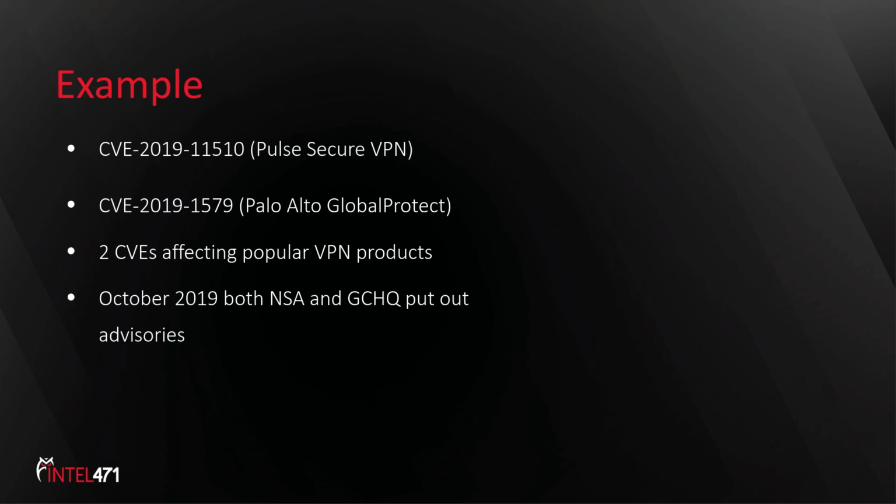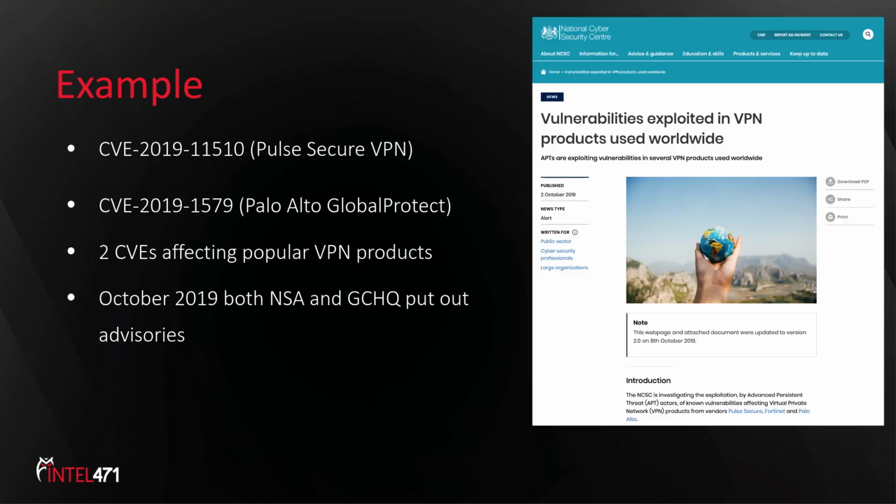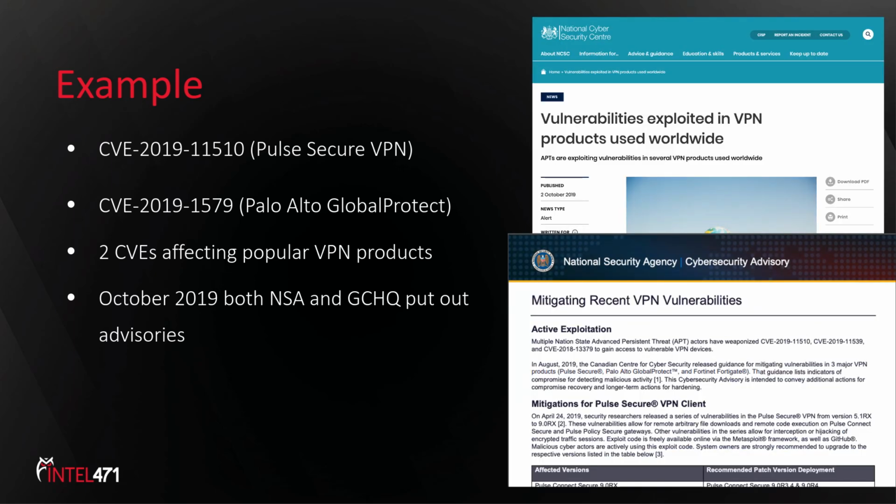They were discovered in the middle of 2019, and in the October timeframe, both the NSA and GCHQ put out advisories warning organizations there's a massive wave of exploitation happening around vulnerabilities of VPN products, and that's not really surprising.